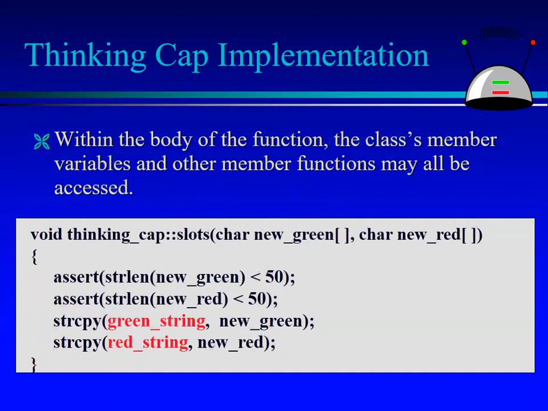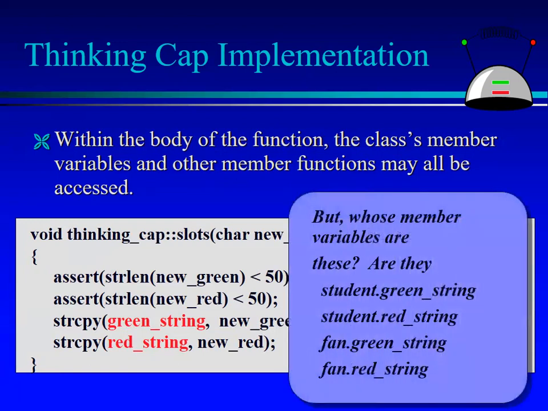Within the body of the function, the class member variables and other functions may be accessed. Once we are entering into these brackets, whatever we write here will get its implementation. Okay. So this is the consideration.